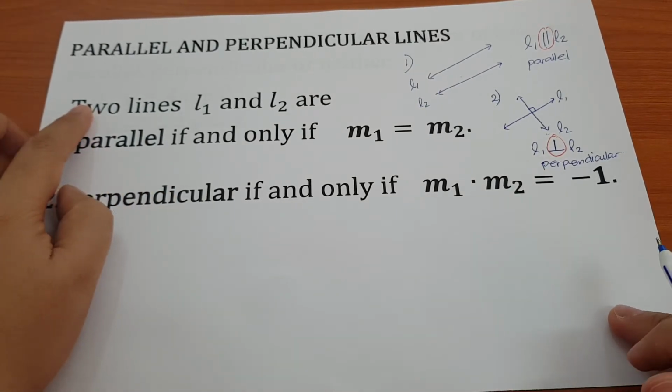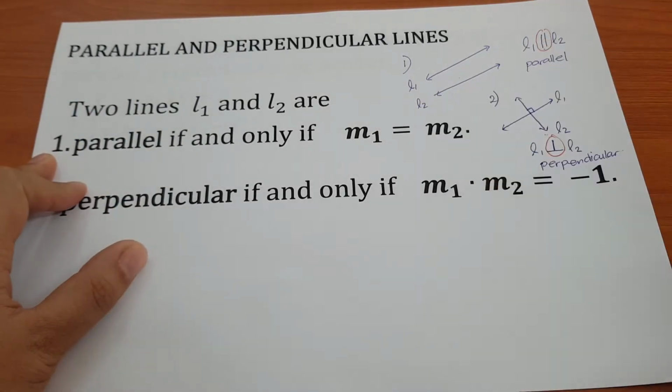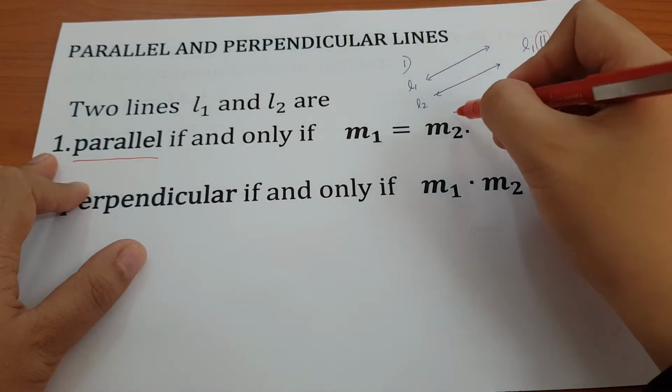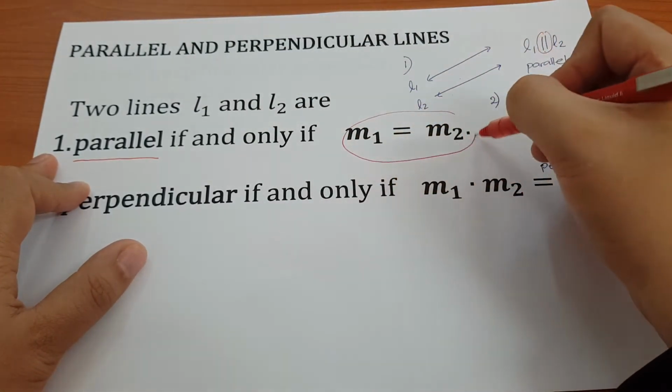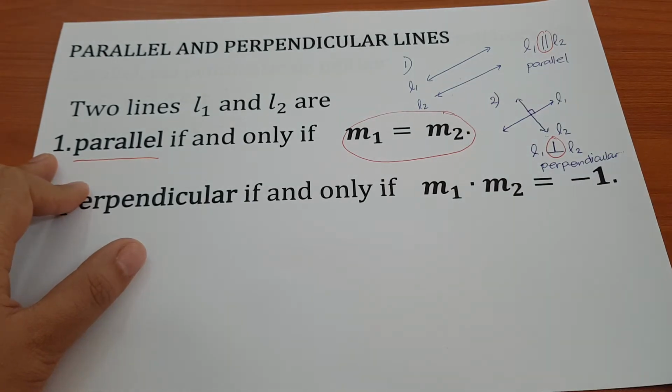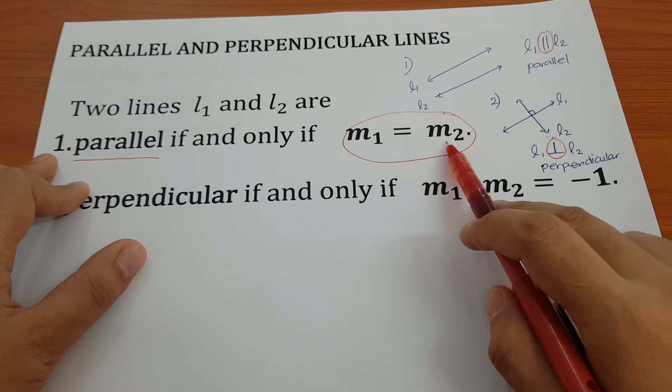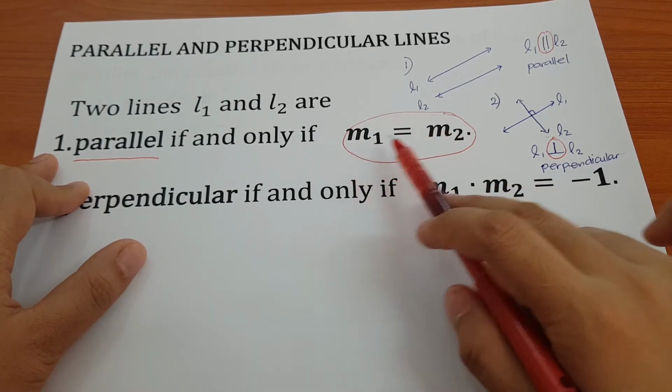Okay, now two lines, line 1 and line 2, are parallel, meaning they will never meet at all, if M1 is equal to M2, if their gradients are equal.